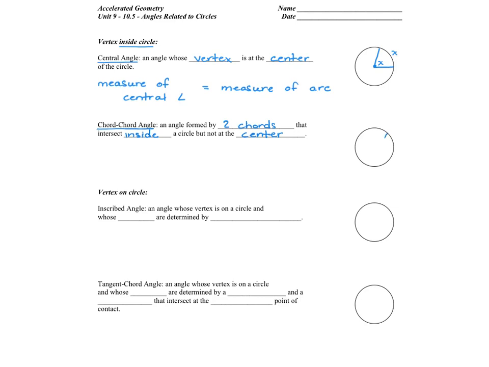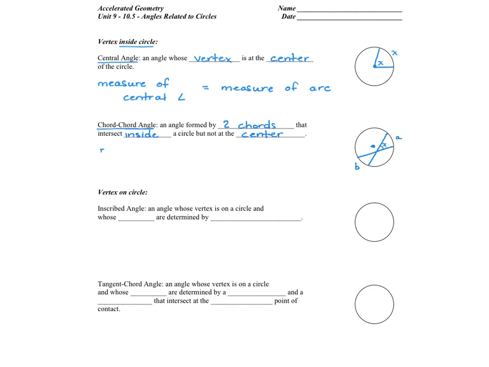So if I draw two chords within this circle that intersect inside the circle, but not at the center, the measure of the angle is equal to half the sum of the intersected arcs.